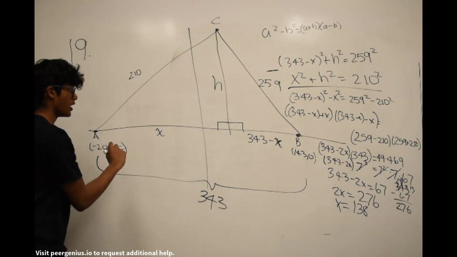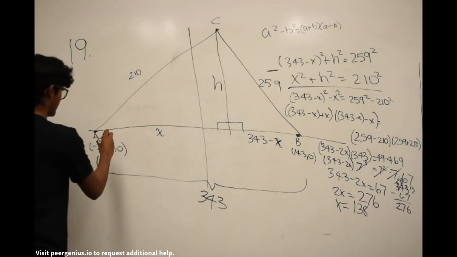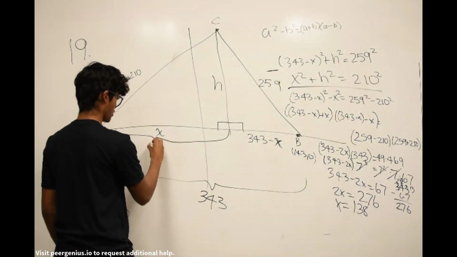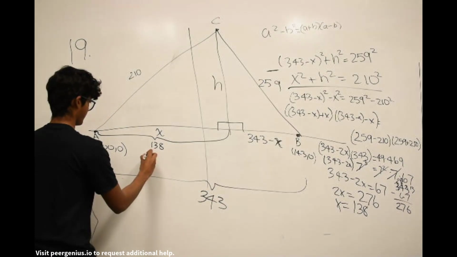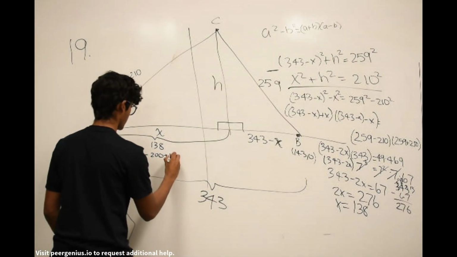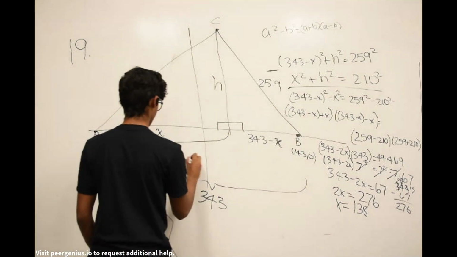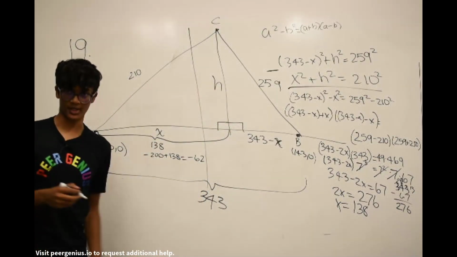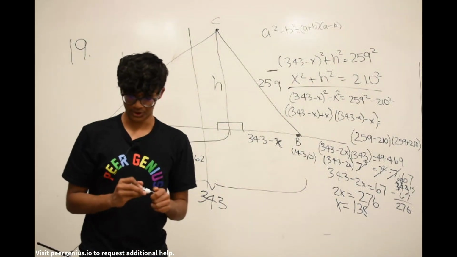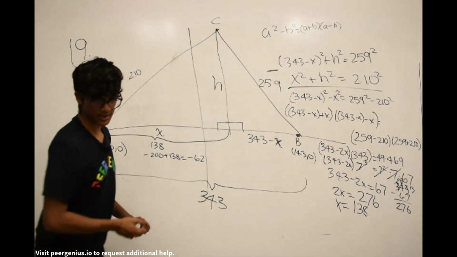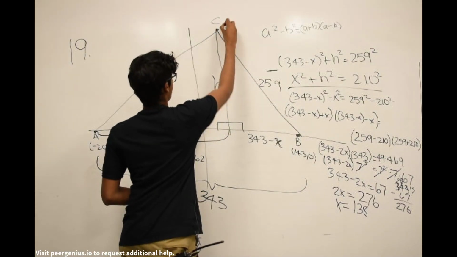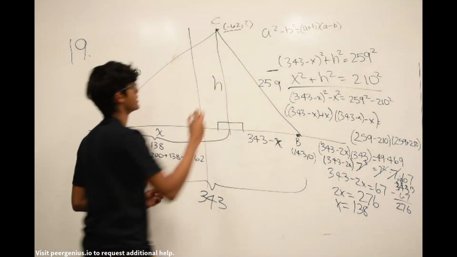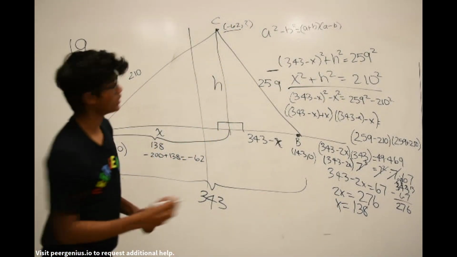If we add, this length here is going to be 138, so negative 200 plus 138 is negative 62. I actually drew C on the wrong side, but it doesn't really matter, we still got the right answer. The x-coordinate of C is negative 62, comma something, which doesn't matter. So your answer should be negative 62, which is C.